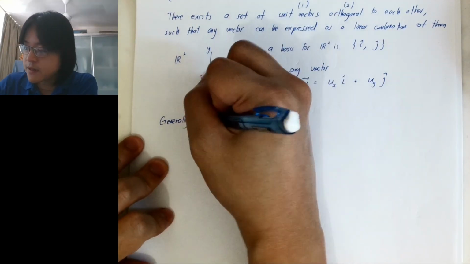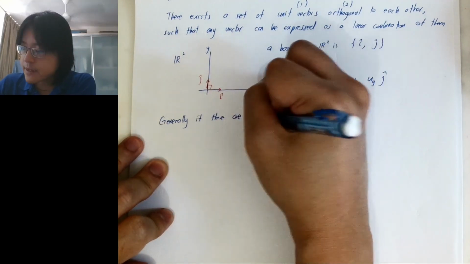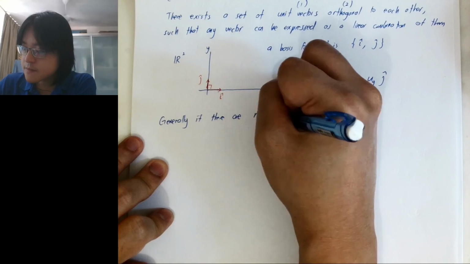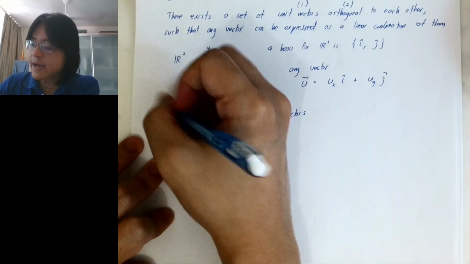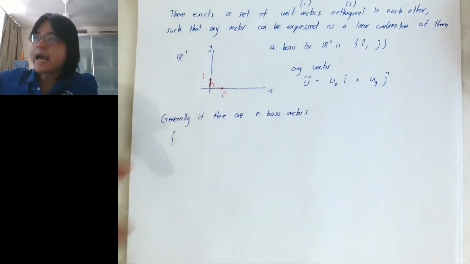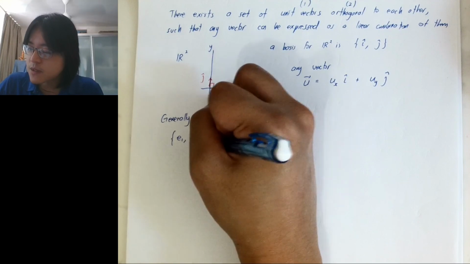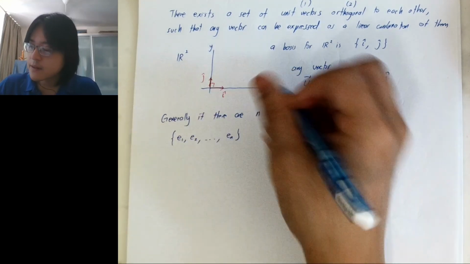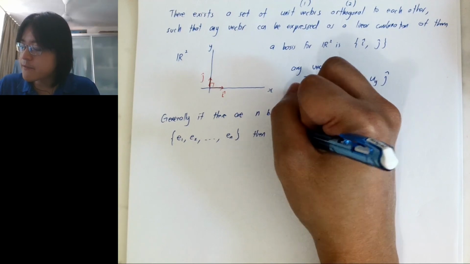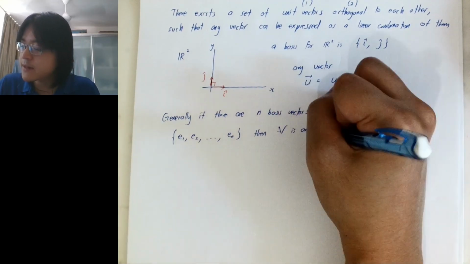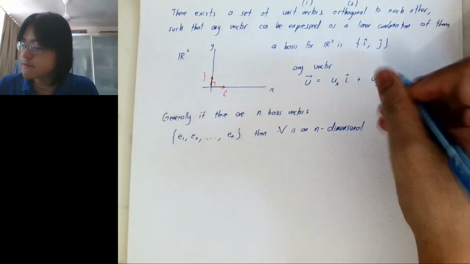If it's not i, j, k, and there are n of them, then you don't have enough alphabet, so we just call them e1, e2, ..., en. Then V is an n-dimensional vector space.